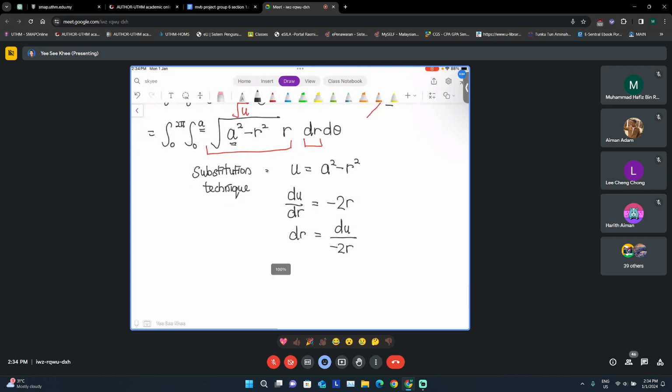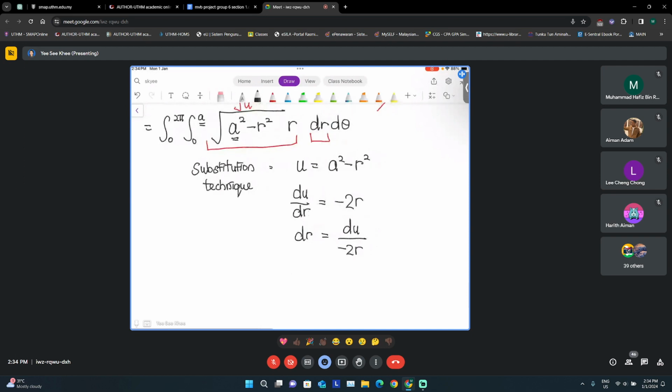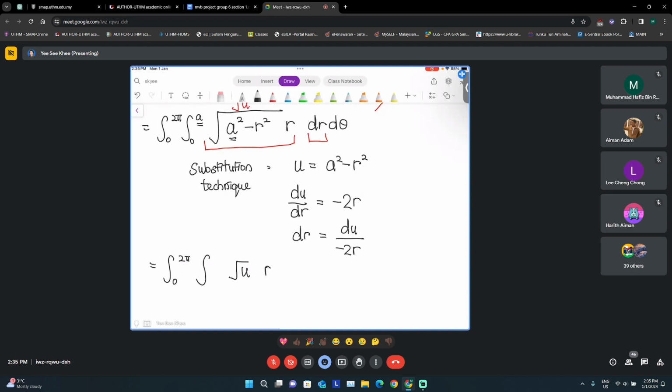Let's see what happens if I apply this substitution technique on my integral with respect to dr. I have the square root of u, and the r is here, and dr is going to be replaced by du over negative 2r.